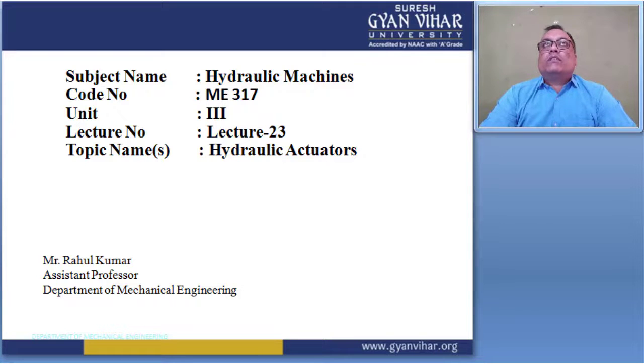Damping systems are also controlled by hydraulic actuators, and some units perform the hydraulic action. We use this type of hydraulic actuator in the shock absorbing system of your vehicle. A shock absorber is also one kind of hydraulic actuator, right? And different kinds of things are associated with it.